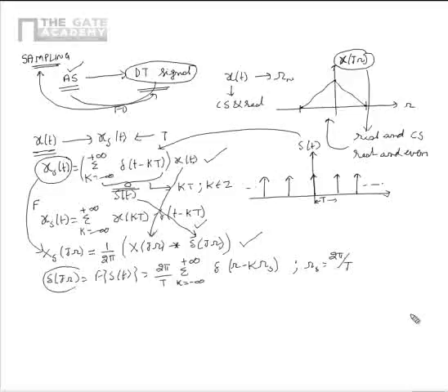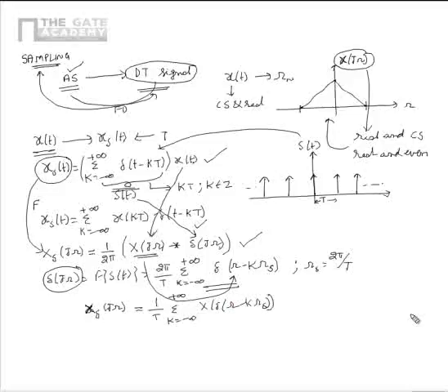The s of j omega that we have written here is the frequency domain representation of s of t. From this we can say that xs of j omega, which is the convolution of x of j omega with s of j omega that we have written here, is equal to 1 by t sigma k equal to minus infinity to plus infinity x of j omega minus k into omega s.